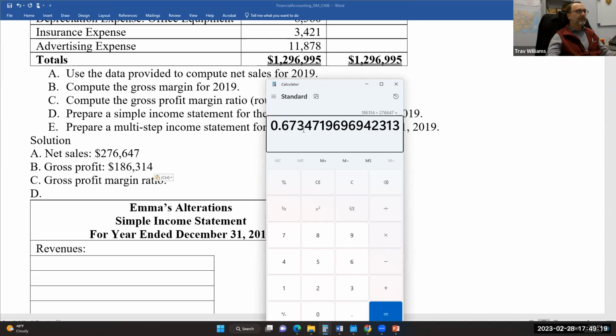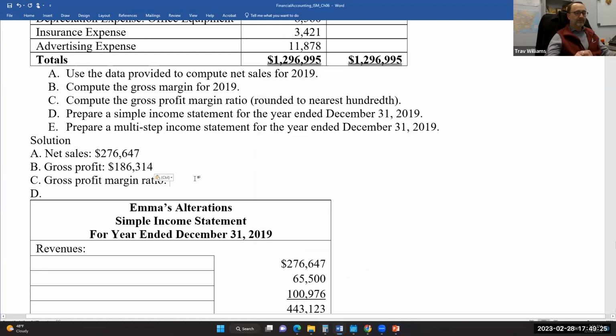And then, as it said in the instructions, round off to the second place after the decimal point. So it's going to be 0.67, also known as 67%. But if Canvas asks you what's the gross profit margin ratio, put 0.67. Because if you put just 67, it's going to be wrong. It has to be 0.67. Okay? Because that's the only way you can enter a percentage into Canvas, into the quizzes.